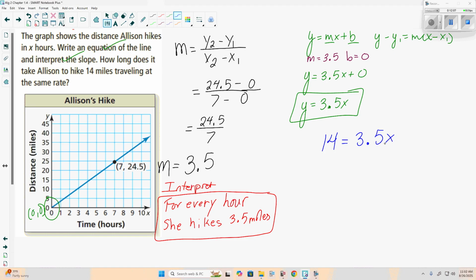Anybody have a guess at what x is going to be? The reason I put 14 is it's asking us how long does it take her to hike 14 miles. So we're just trying to find this here.